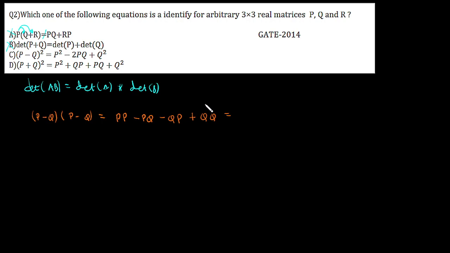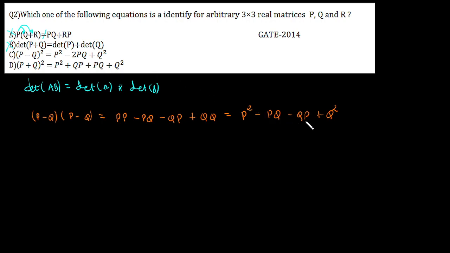Remember, when a matrix is multiplied with itself, we call it P square. Here PQ remains as it is, minus QP also remains as it is, and plus Q square, because here PQ and QP are not equal in the case of matrices. But if instead of matrices P, Q, R they were real numbers, then the PQ and QP multiplications would be equal, and they would add together to form this equation.